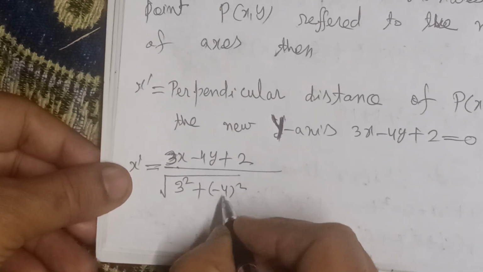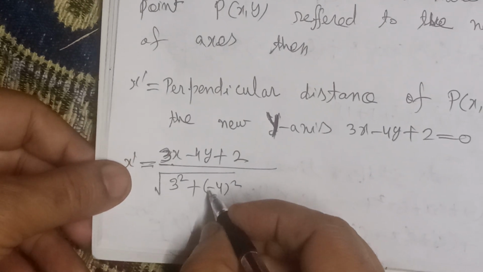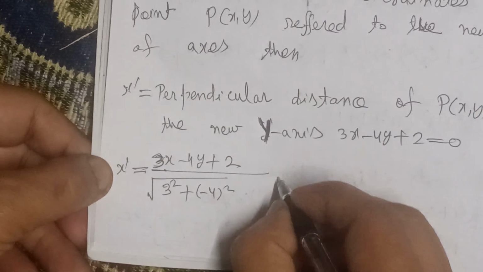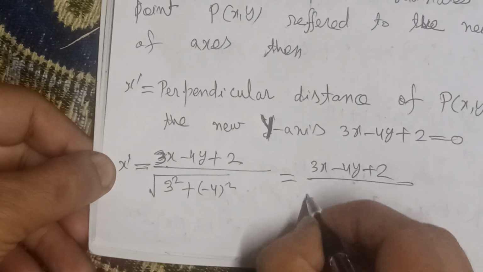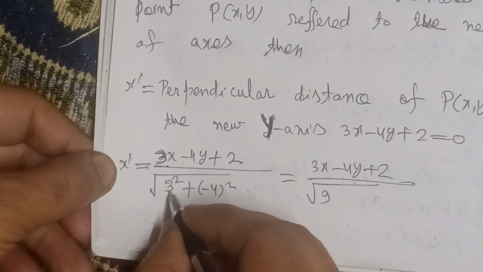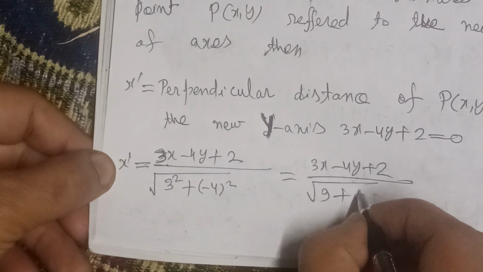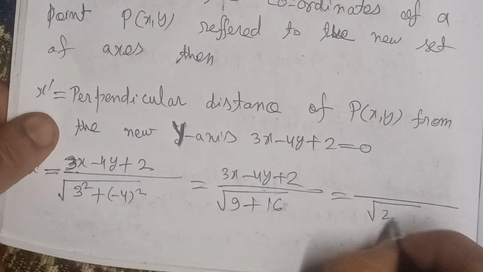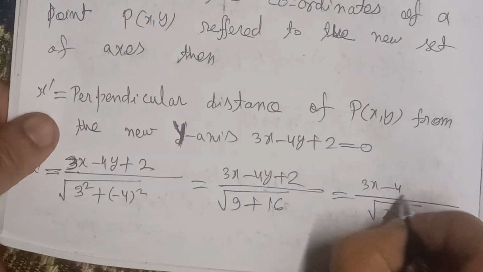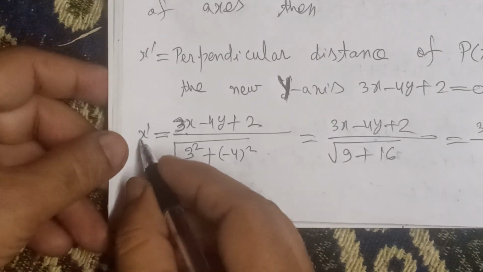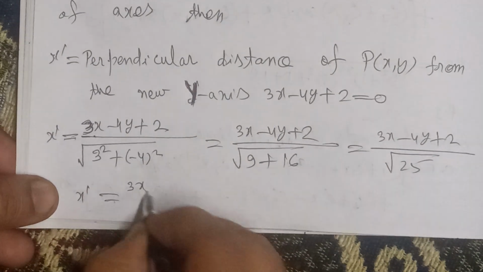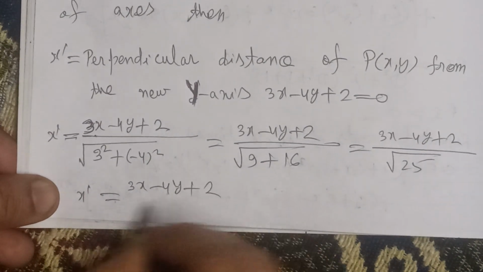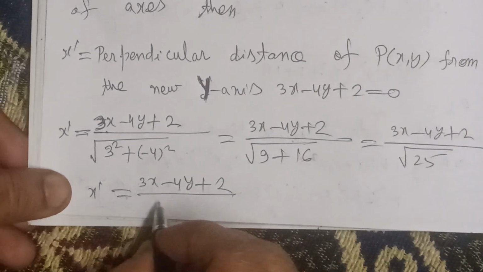But on squaring we know that square of negative is positive, so we get 3x minus 4y plus 2 upon 3 square 9 plus 4 square 16, which is equal to square root 25. So we get x dash is equal to 3x minus 4y plus 2 upon square root 25, which is equal to 5.